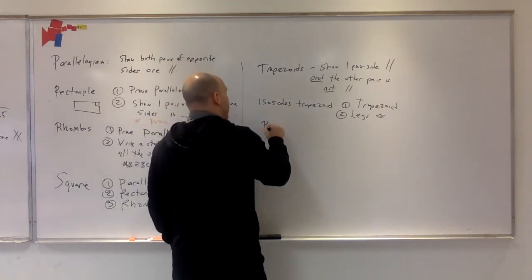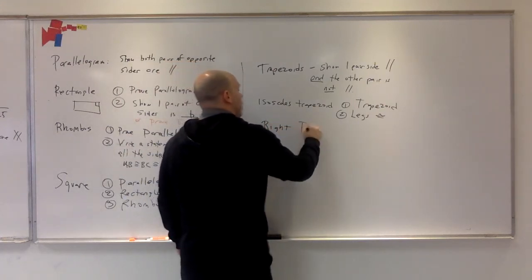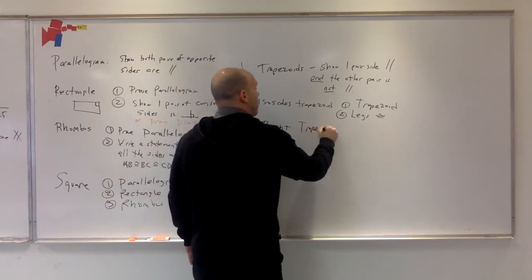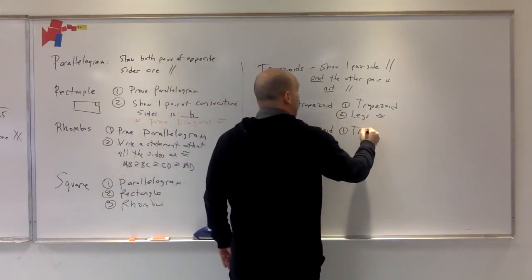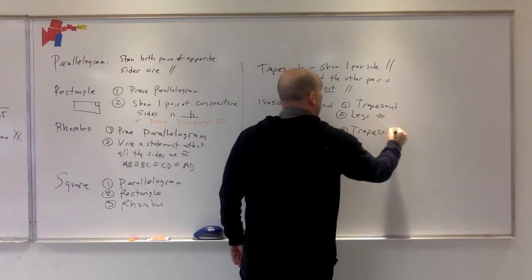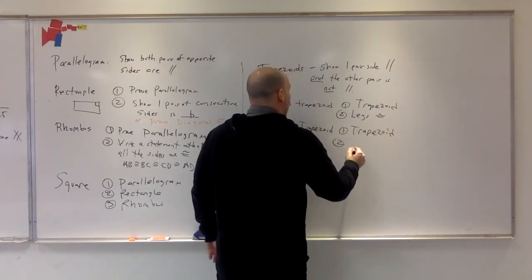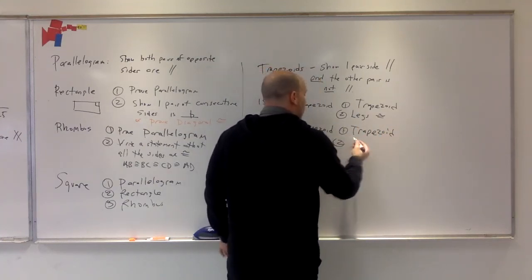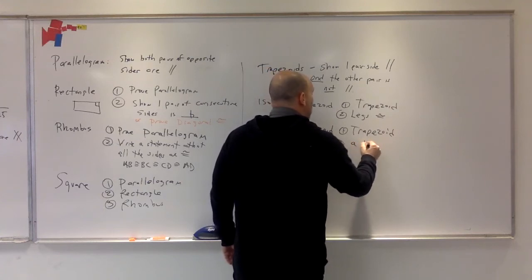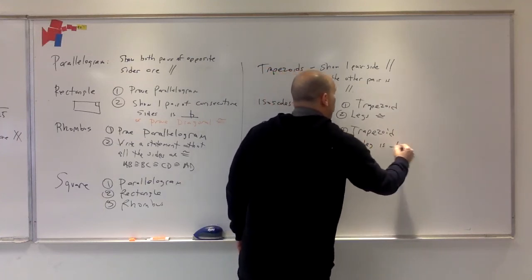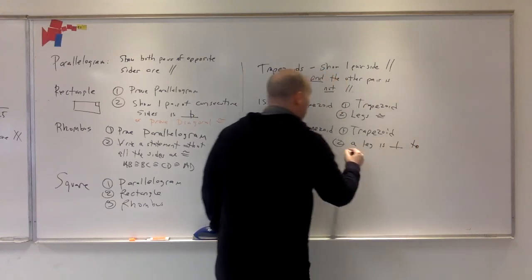What about a right trapezoid? A right trapezoid, once again, you have to prove it's a trapezoid. And then second, that a leg is perpendicular to a base.